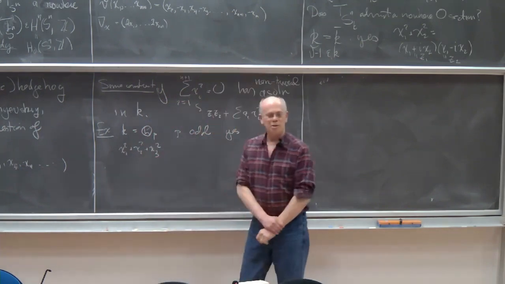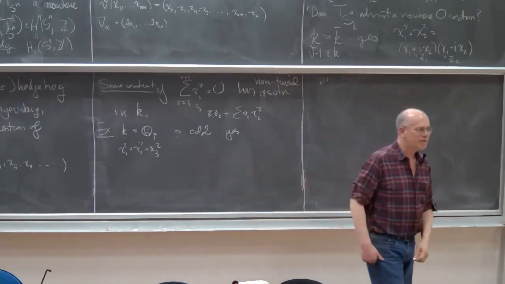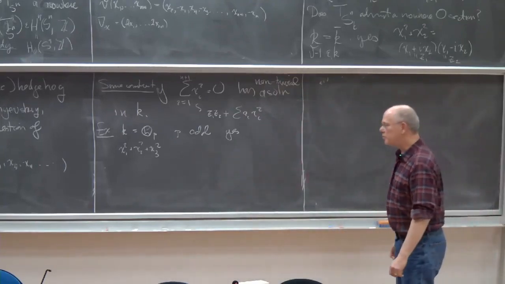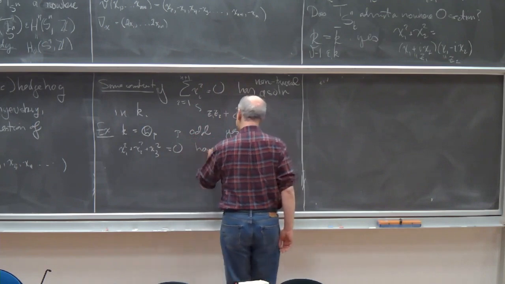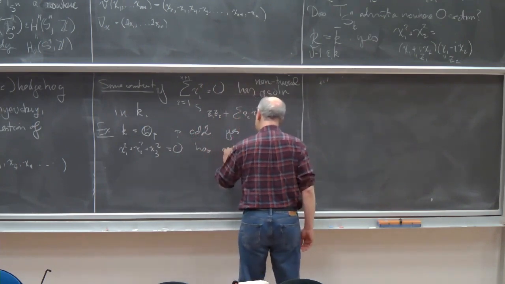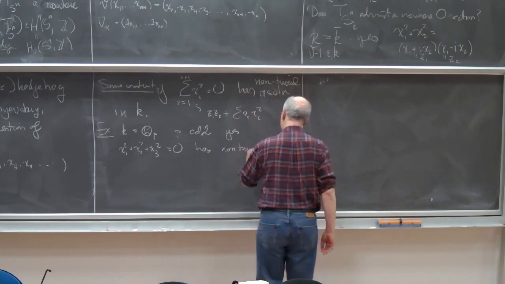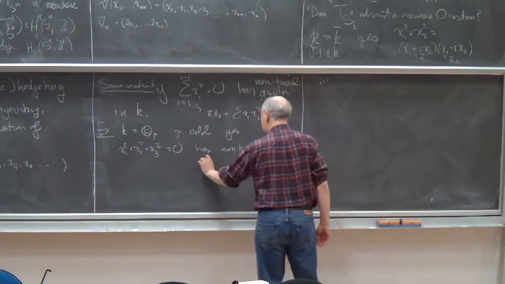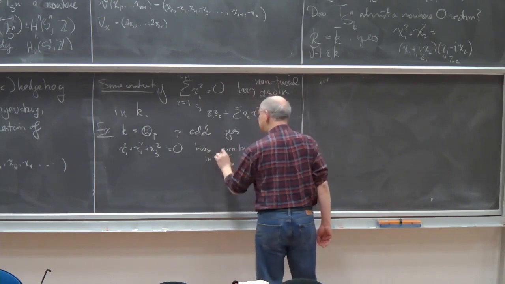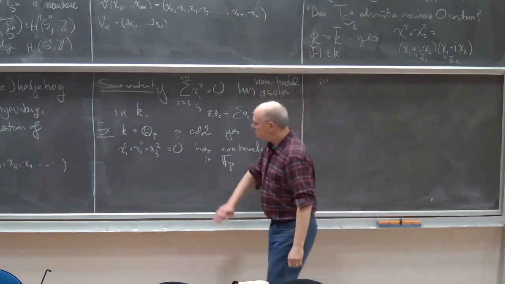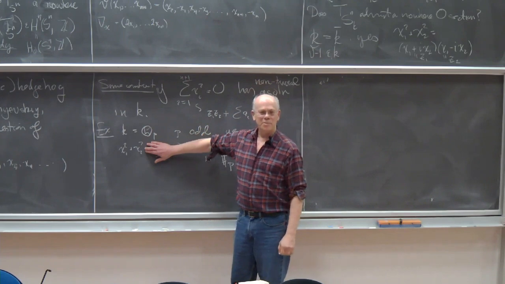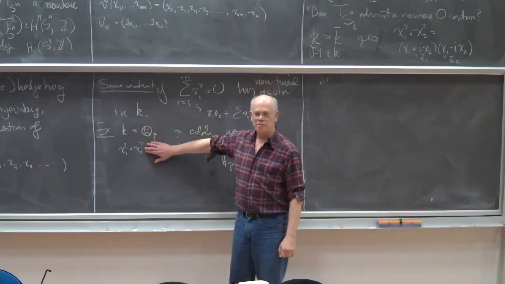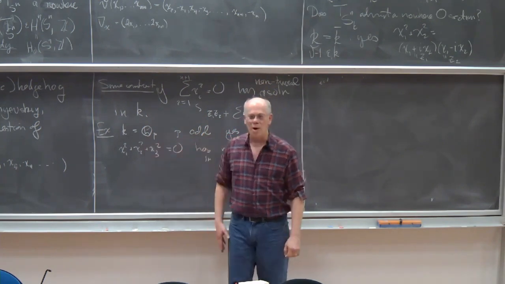If this thing has a non-trivial solution, then of course if you add any number of more variables, it still has a non-trivial solution. And you know that this has a non-trivial solution in the field with p elements, because it's a little counting argument that everything in Fp is a sum of 2 squares. So -1 is a sum of 2 squares, and then you take this one to be 1, and you're done.